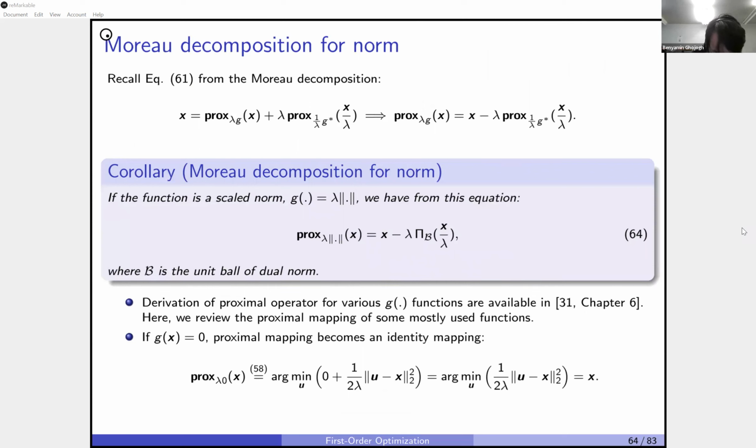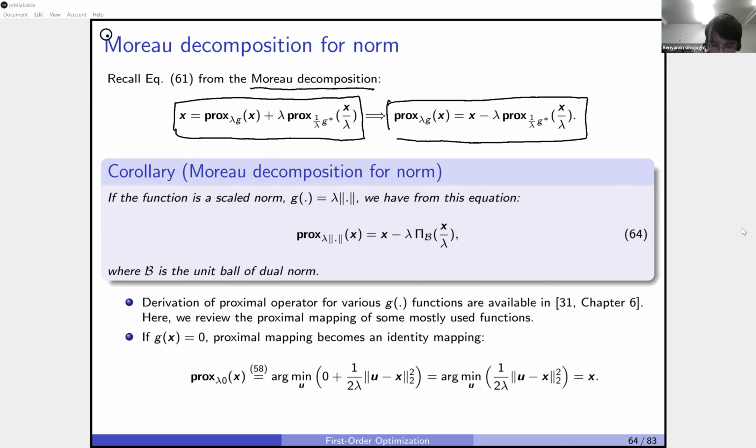Okay. So, Moreau decomposition, we just talked about it. With parameter lambda, this is the definition of Moreau decomposition. Now we can rearrange it to have this, right? Okay, now we are going to use this.